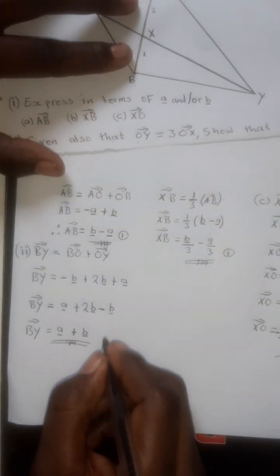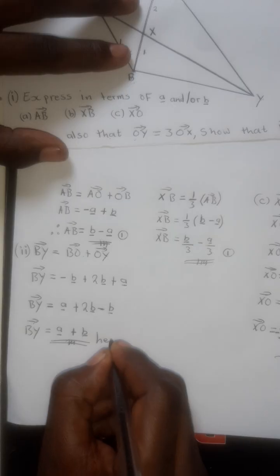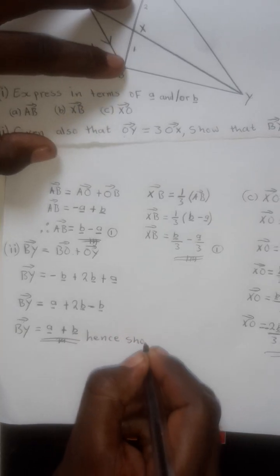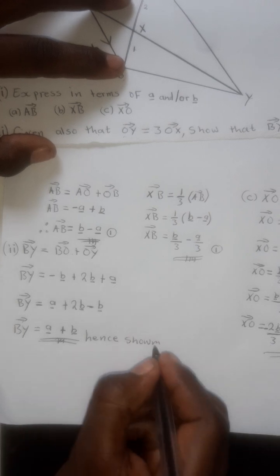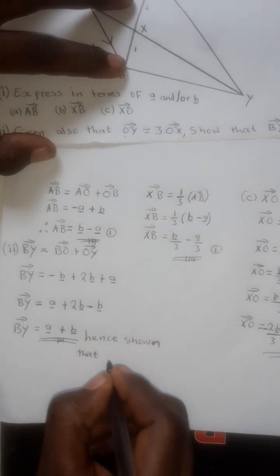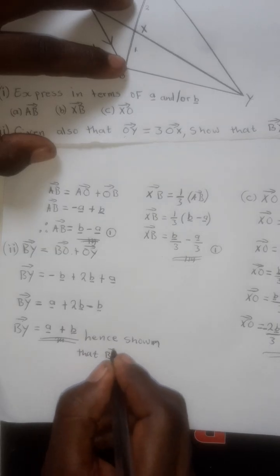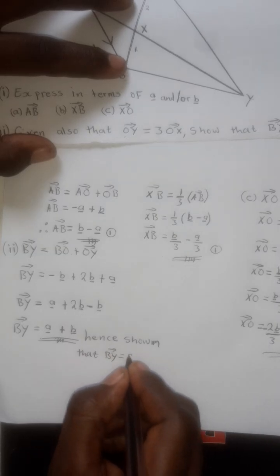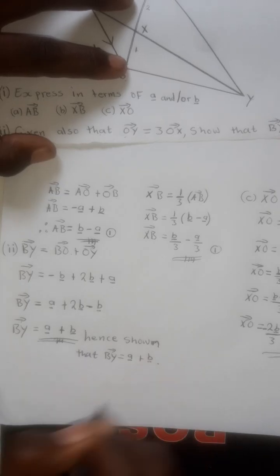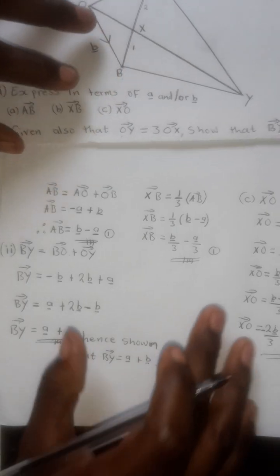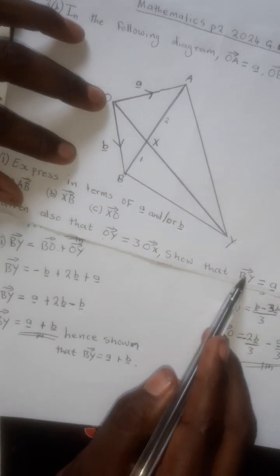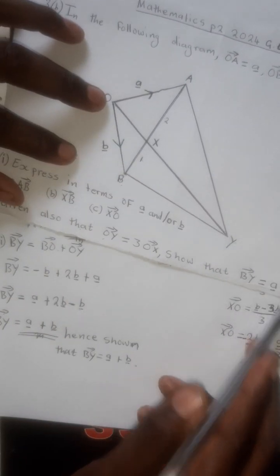So you can say hence shown that BY is equal to vector A plus vector B. As simple as that. So you've proved that BY is equal to vector A plus vector B.